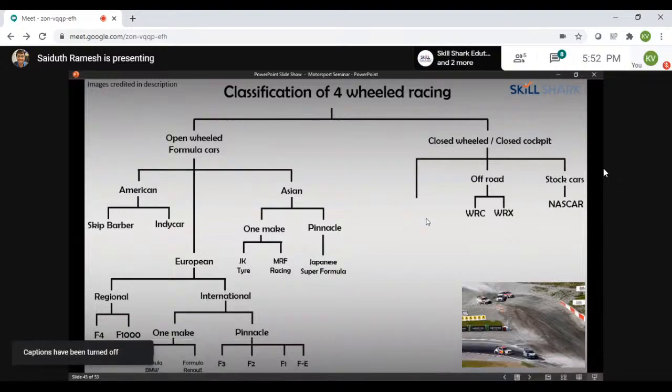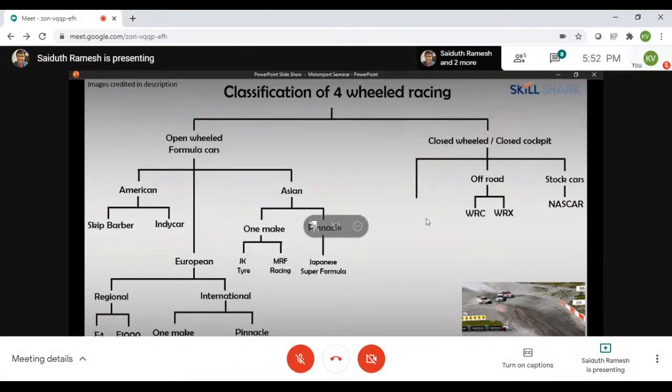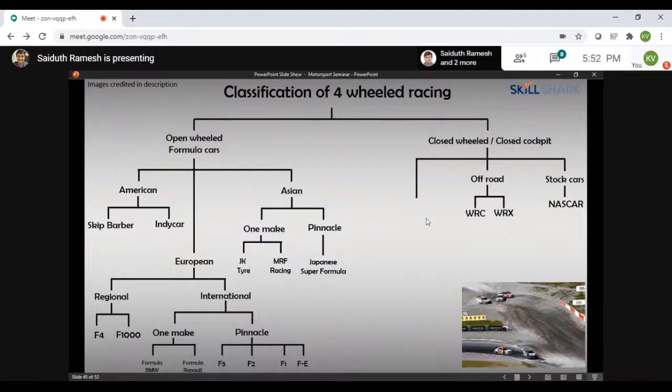For example, WRC might run the Polo R, whereas the WRX might run another Volkswagen hatchback, but a bigger variant. And WRX is a lot more aggressive in terms of contact. Very, very exciting. The dynamics of off-road vehicles are very complex. Something really interesting to look into.